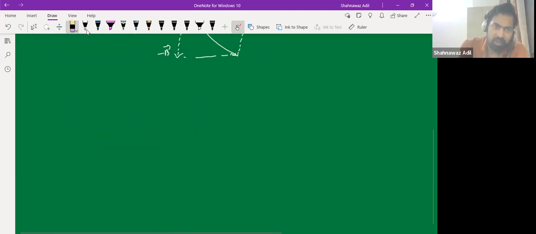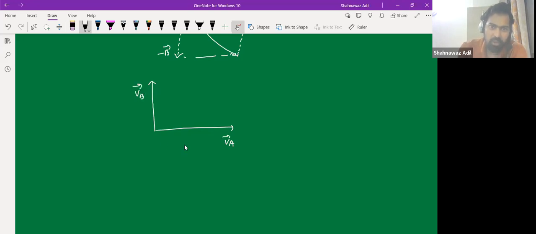So VA is this, and let's say this is the perpendicular direction. This is VB. We have to calculate VB minus VA, which means we have to elongate VA, taking the opposite direction. So this would be minus VA, and then we take the resultant.